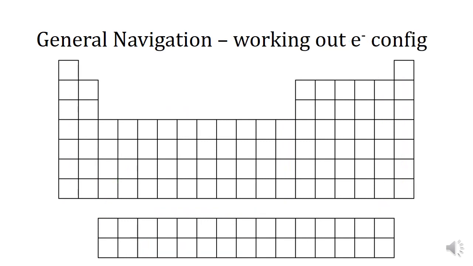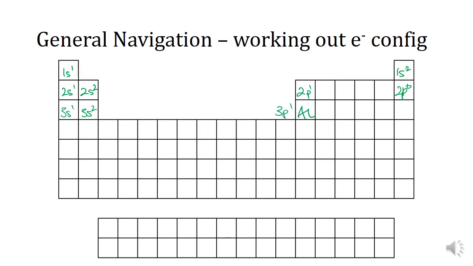So working out electron config, basically let's do aluminium. So this is 1s1, 1s2, 2s1, 2s2, 2p1 to 2p6. Then you've got 3s1, 3s2, 3p1.